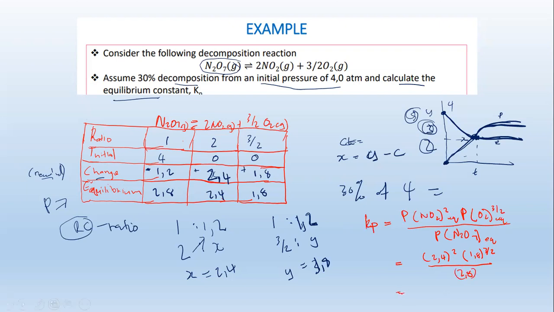Now, let us punch this on our calculator to get the final answer. We're going to say 2.4 to the power of 2 multiplied by 1.8 to the power of 3 over 2 divided by 2.8.